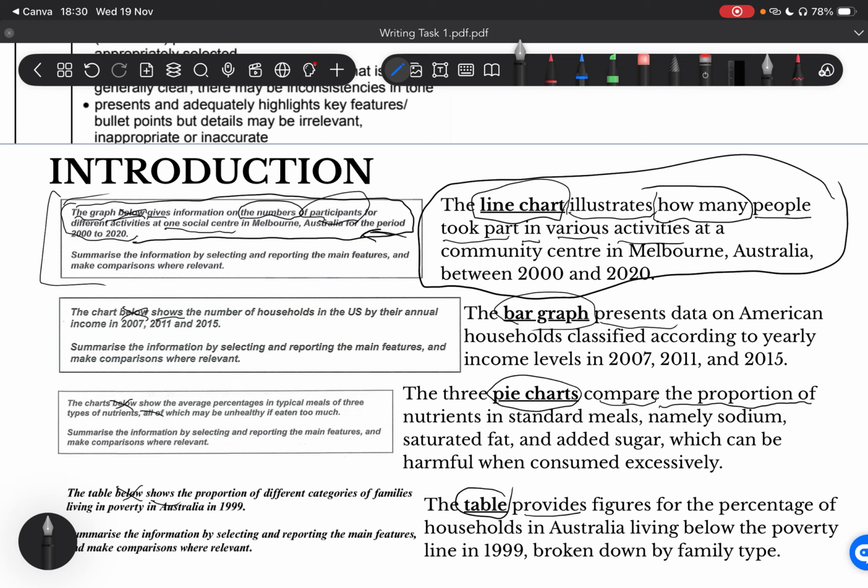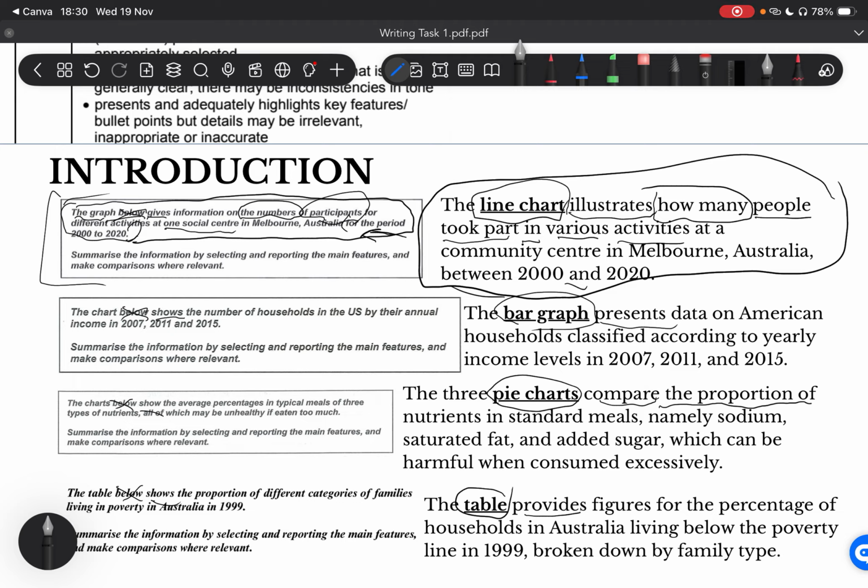In Melbourne, Australia, for the period 2000 to 2020. We can also change the time in our introduction, like for from to, we can use between and. Okay, this was paraphrasing word by word.